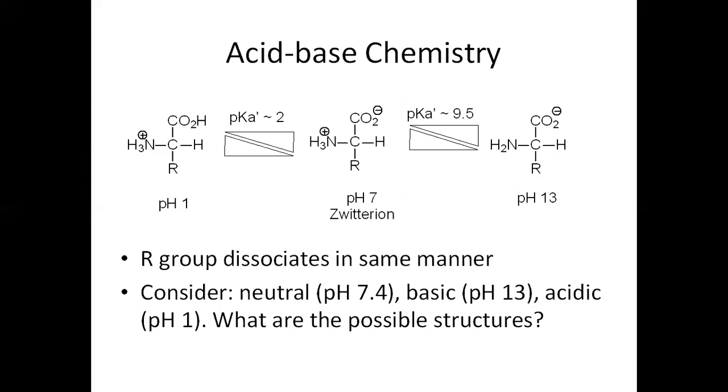As we go from pH 7 to a basic pH, the number of zwitterion molecules will decrease, and the number of molecules that are on the right-hand structure will be increasing.